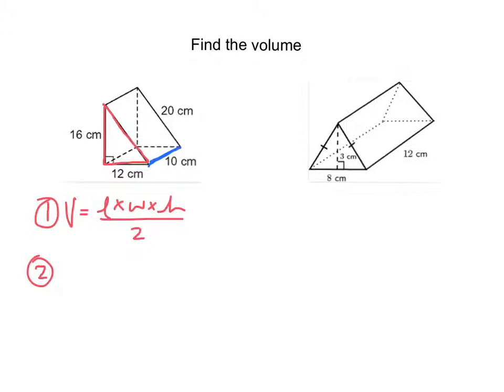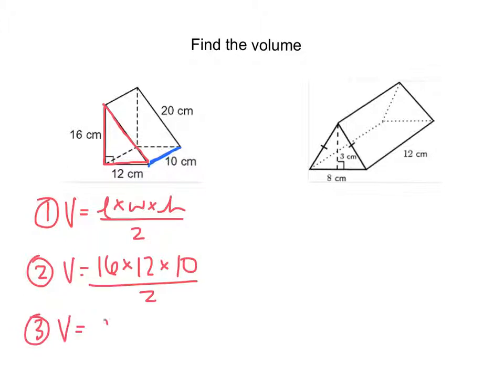And notice you always want it at the right corner. So we're going to have volume equals 16 times 12 times our height is 10 divided by 2. And when we figure out our volume, we get 960 cubic centimeters.